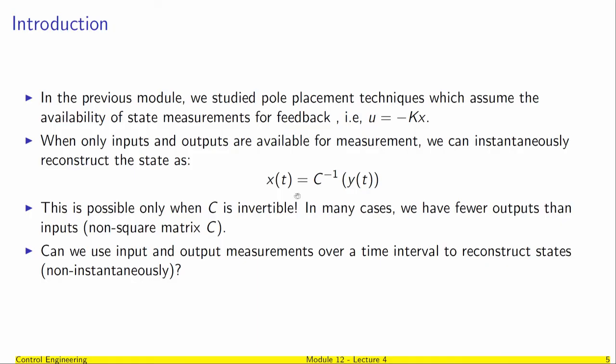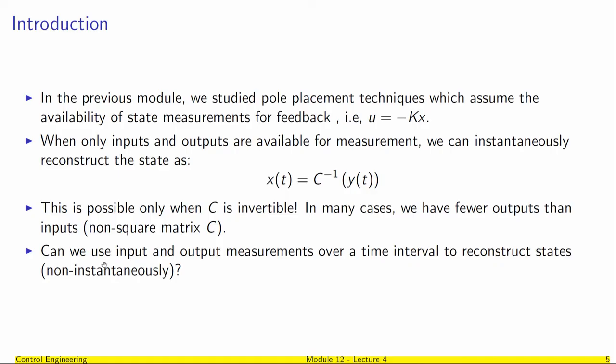This is possible if and only if the output matrix C is invertible, which means that the number of states and the number of outputs are the same. But this is not possible all the time, because sometimes we will have maybe only 5 outputs measured when the total number of states is 10. Okay. So, in that case what do we do?